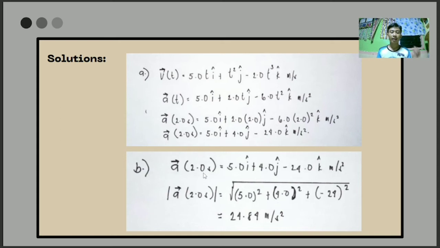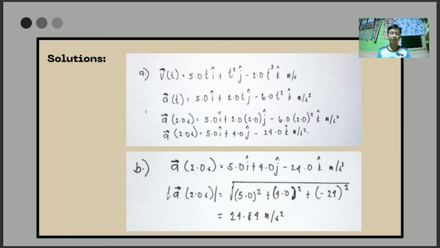And now let us get the magnitude of the acceleration vector at t equals 2 seconds. Like what I said earlier, to find the magnitude, we square all the components and then take the square root.